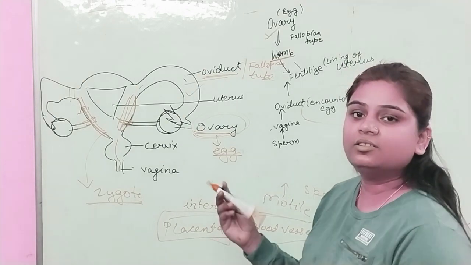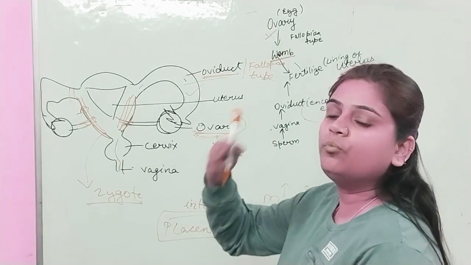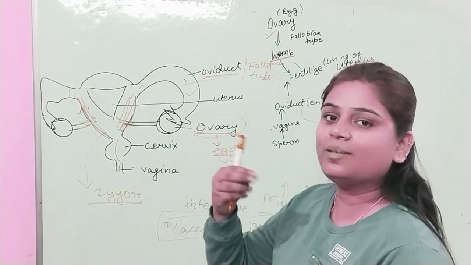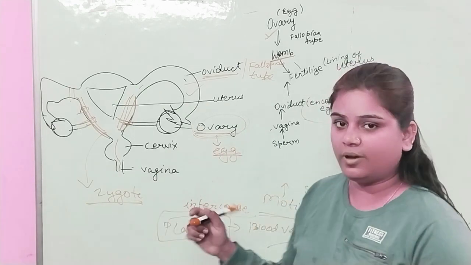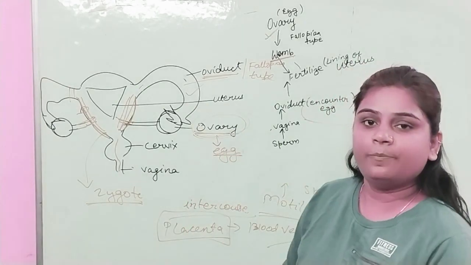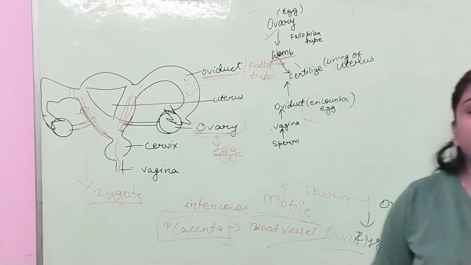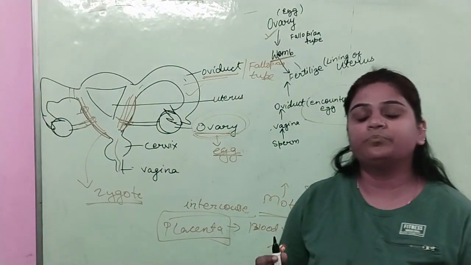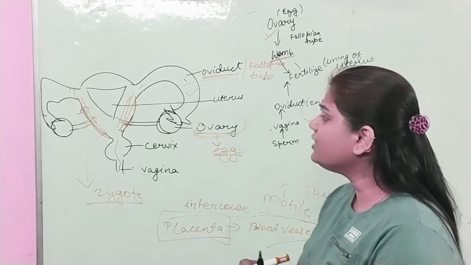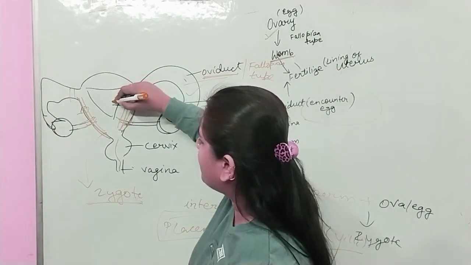As the zygote moves forward, as it matures from 1 month to 2 months, it becomes a fetus. It gets nutrients in the mother's womb and matures.